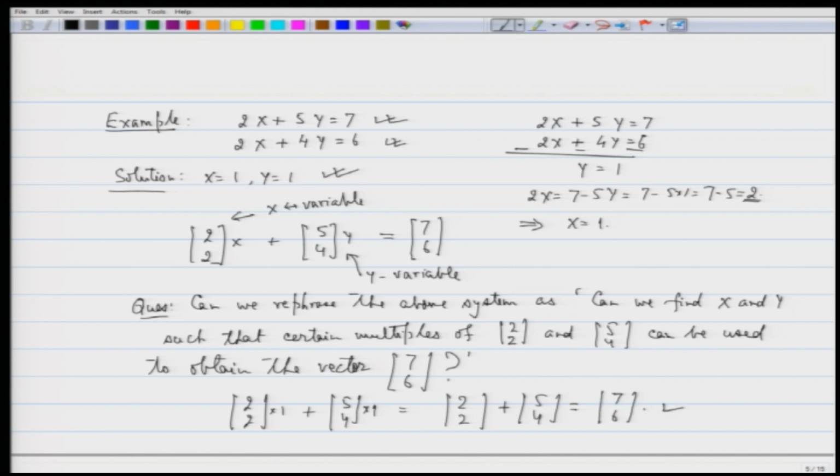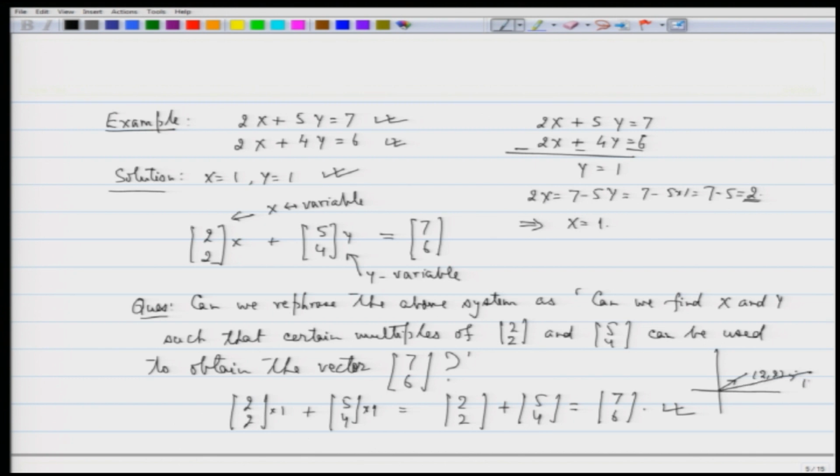So, we see that we do get back what we were asked for, that yes, there is a solution for x and y here, and this is nothing but our vector addition, where we are adding the vectors. We have a vector here which is 2 comma 2, and I have a vector 5 comma 4. So, it will be somewhere here.